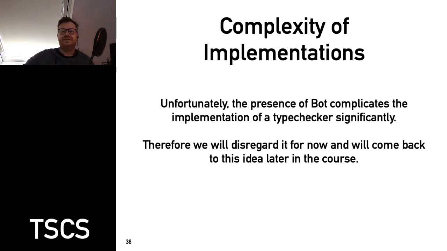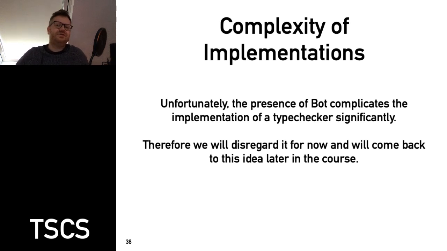Unfortunately, the thing with Bottom is that it complicates our implementation of the type checker significantly. If you are adventurous, you can use your own type checker implementation to implement the Bottom type and the rules for the Bottom type. It is rather complicated and not very helpful in summary. So let's disregard the idea for now.